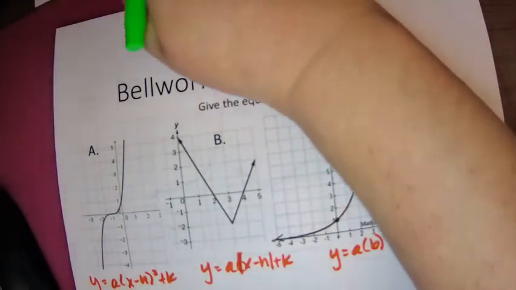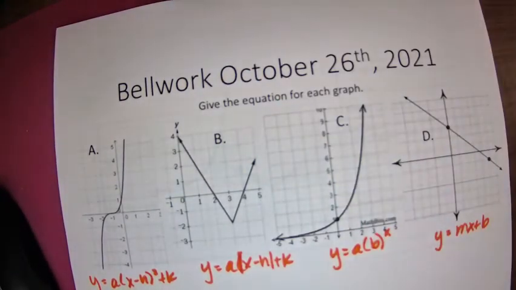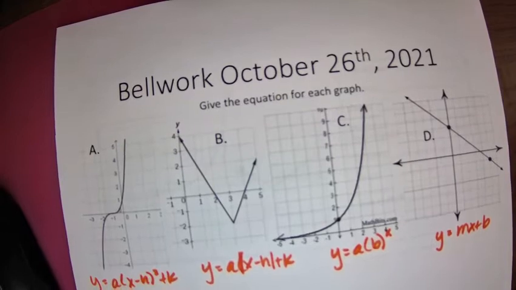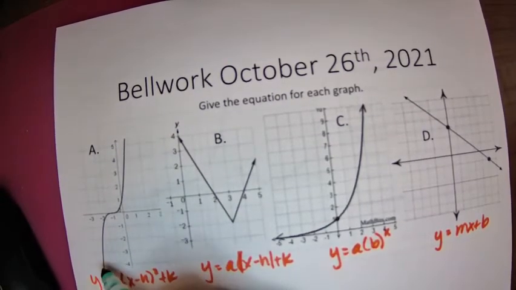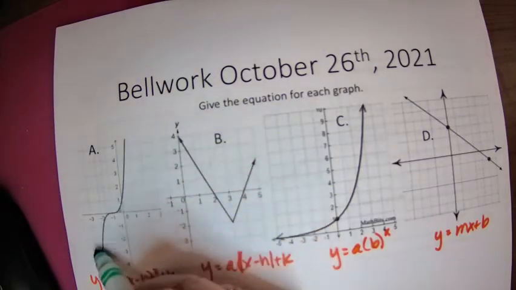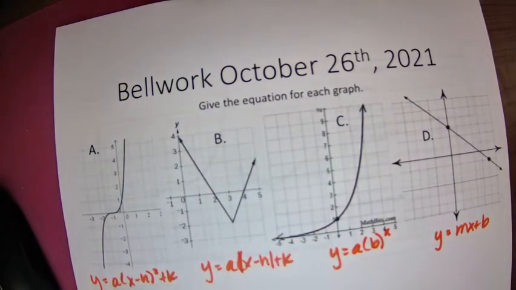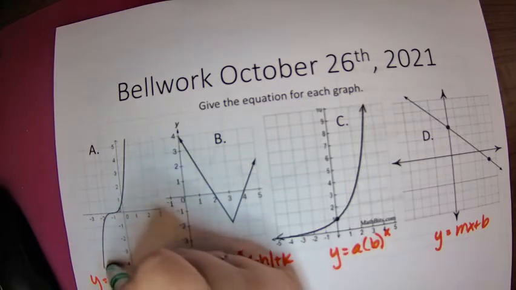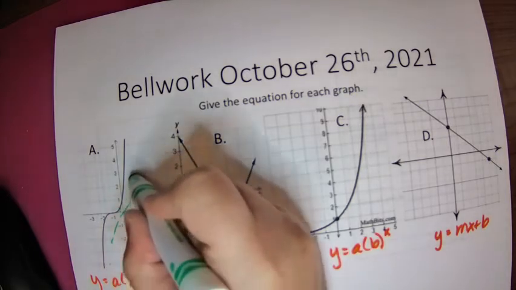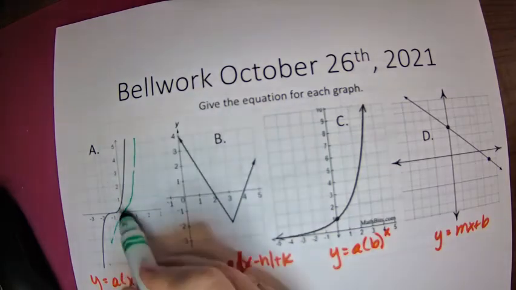All right. So if you don't have those in your notes, you can go ahead and get them. But what I'm going to require of you is that you can give me the equation for each of these graphs. So this right here is a cube function. This is his standard form. Usually, this will go through 0, but that's not what happened.